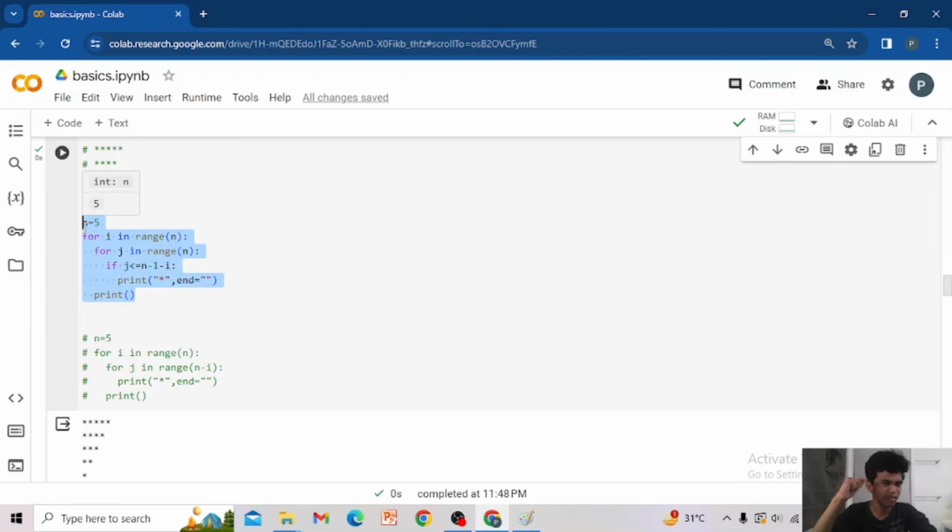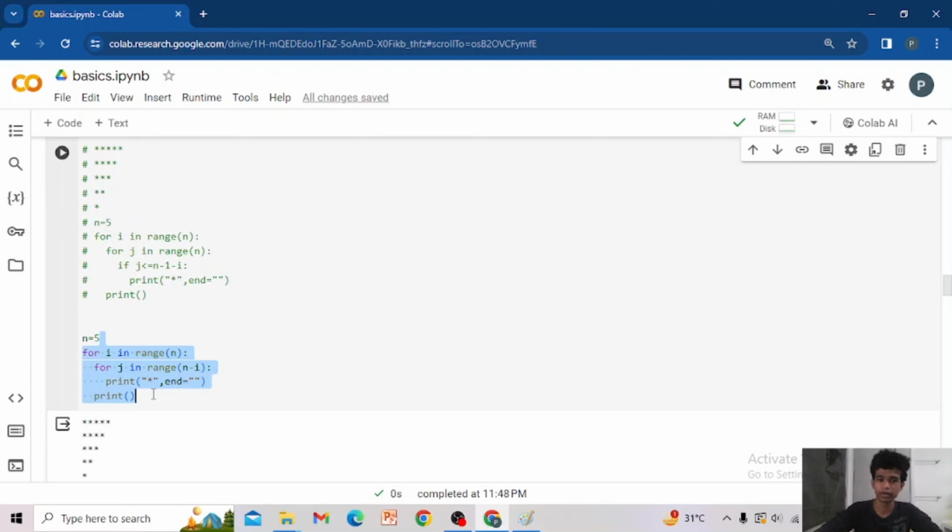But can we write the code without using the condition? Yes, we can. For the previous pattern also we have done this. See here, j wants to run up to where? n minus i. Because here j should be less than or equal to n minus 1 minus i.